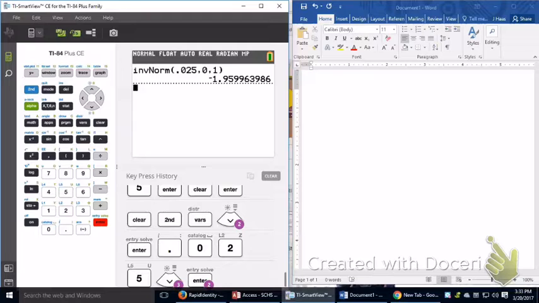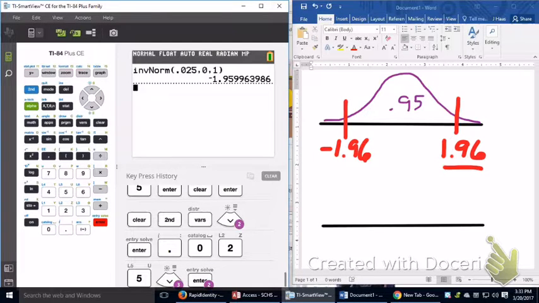From the empirical rule, I knew I was going to be close there, since the middle of my distribution should be about -2, so negative 1.96 is good so far.